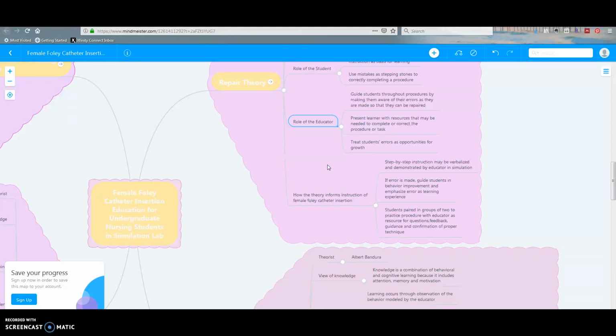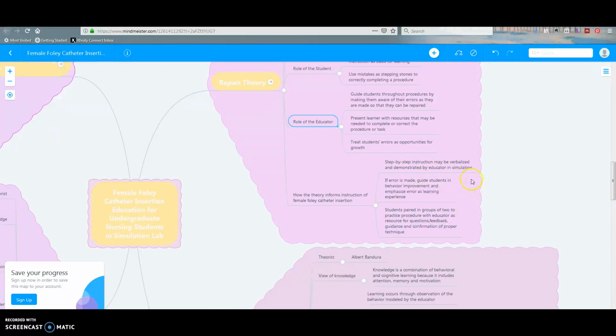Because it's felt from repair theory that making those mistakes is what's going to teach us. That's how students will learn. So as an educator, your role is to provide that environment where mistakes are expected to happen and where growth is expected to happen from those mistakes, in a growth mindset, if you're talking about Dweck. So that it's okay to make a mistake.